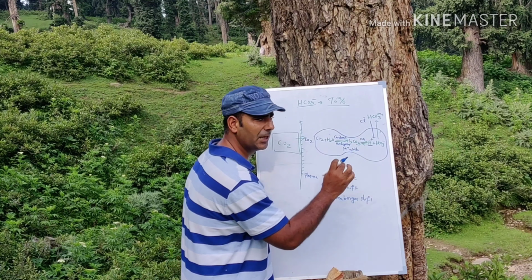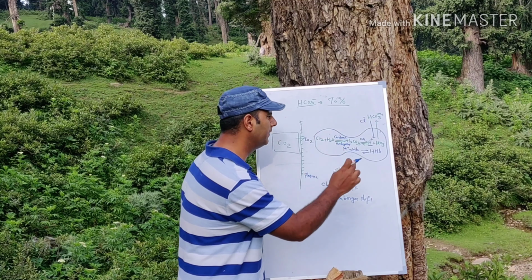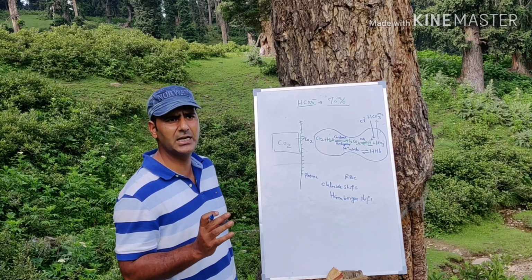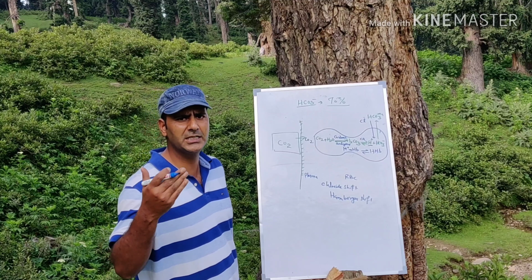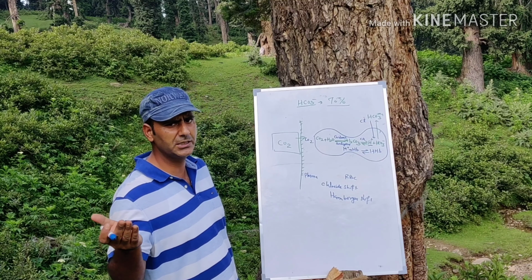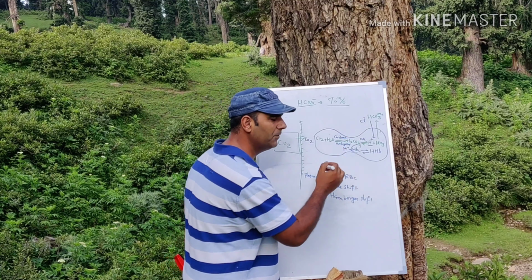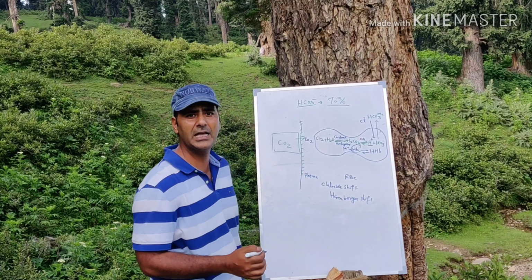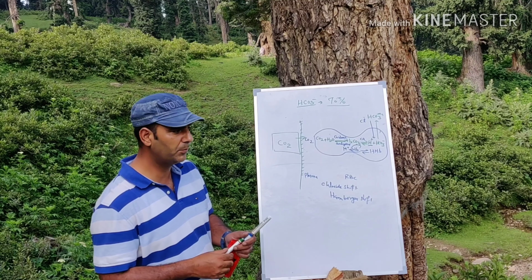Therefore there will be no gross changes in the pH. The pH will not become very acidic. Hemoglobin binds with this hydrogen, and hence serves as a buffer. That is the transport of carbon dioxide in the form of bicarbonates.